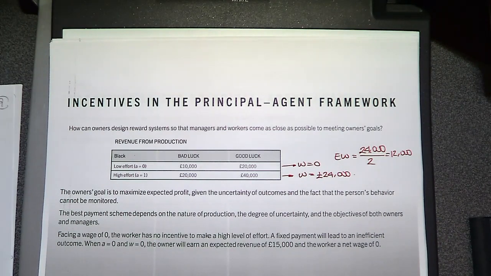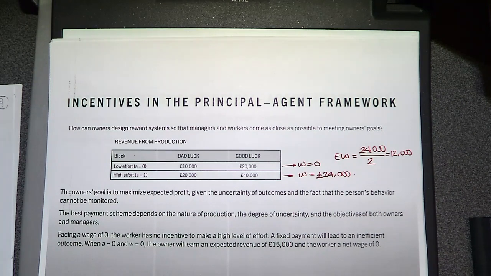So if he does the absolute minimum effort, on a very, very bad luck day, the minimum total revenue in monetary units that this person is going to get is 10,000, call it X, but in this case it's 10,000. So in reality, the expected salary minus the cost of the minimum effort is positive.